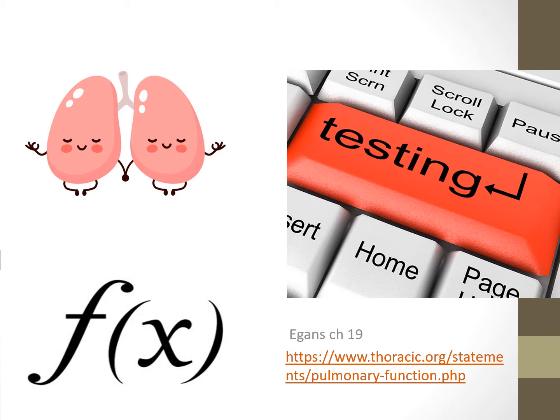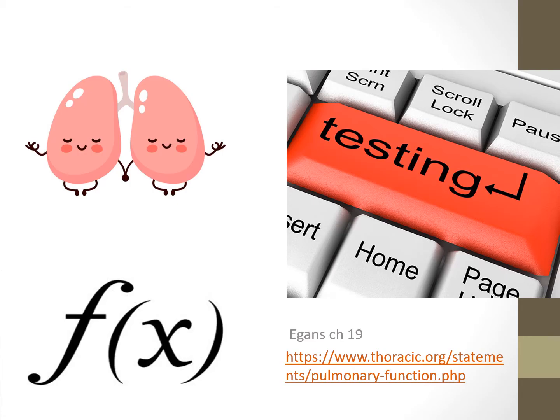Those are the people that standardize pulmonary function testing. So it's not the American Association for Respiratory Care. It is the American Thoracic Society, and that's the website there for the Thoracic Society, and that's the link specific to pulmonary function testing. So I recommend you check it out, but ATS is the governing body for pulmonary function testing.